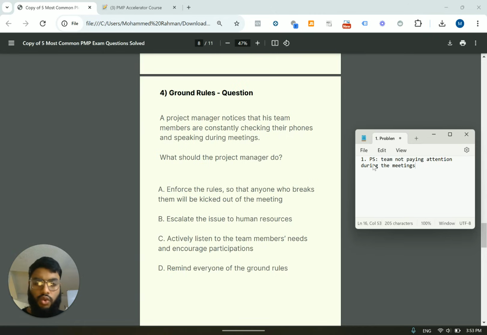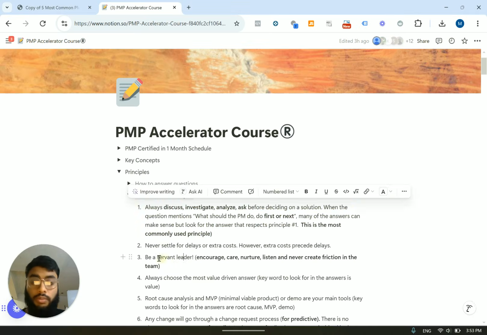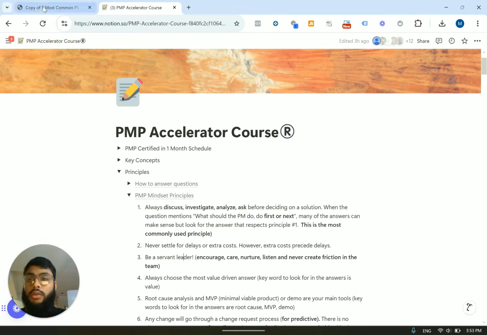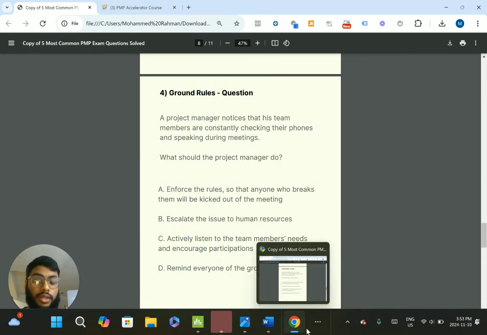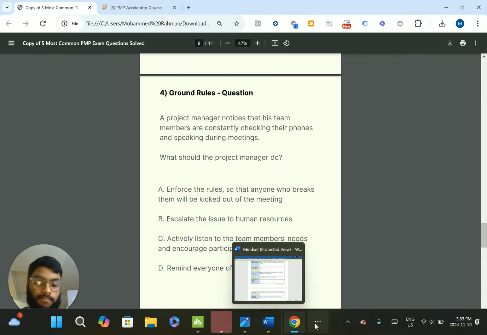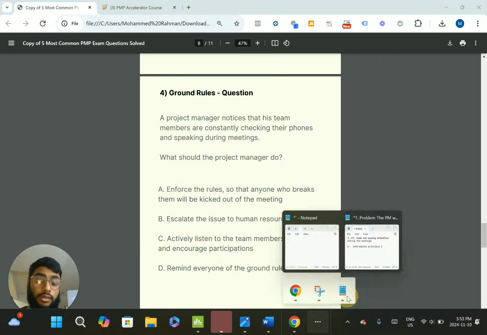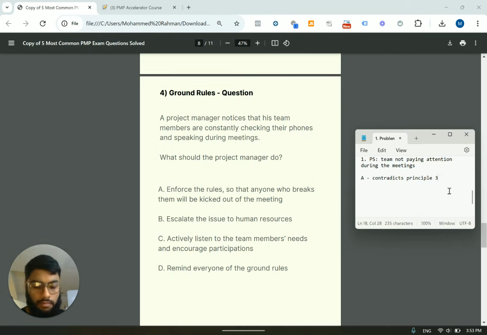Enforce the rules so that anyone who breaks them will be kicked out of the meeting. Okay, so this is something that's counter to servant leadership, so it contradicts principle 3 that I'm going to show you guys right now. So principle 3 over here, be a servant leader. So enforcing things and kicking people out, this is something that you don't want to do.